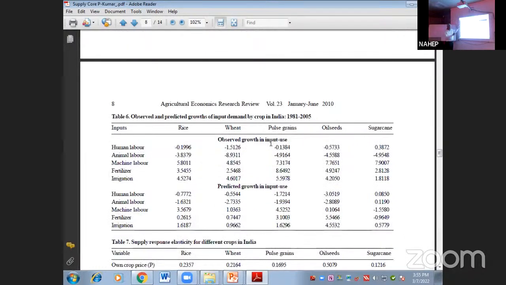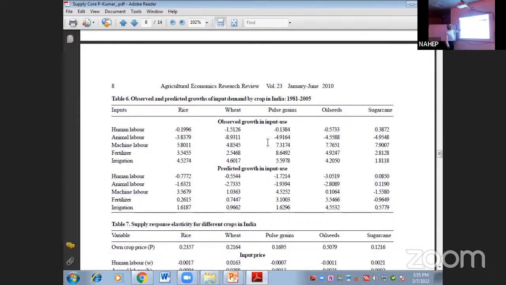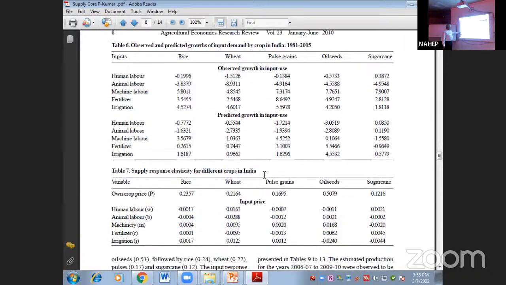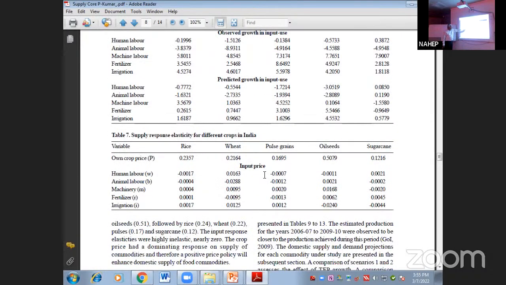Because then you can understand the writing and how we are interpreting those results. This is the predicted growth of input group, then supply response elasticity. This is the supply response, and this is the input response.